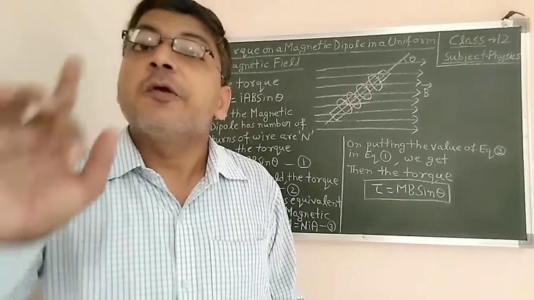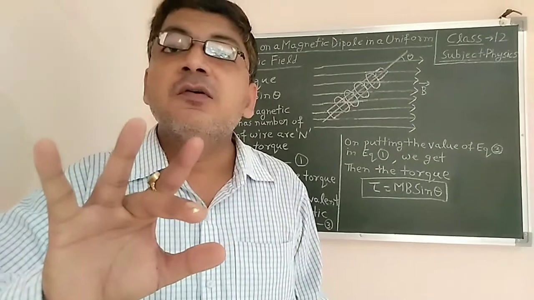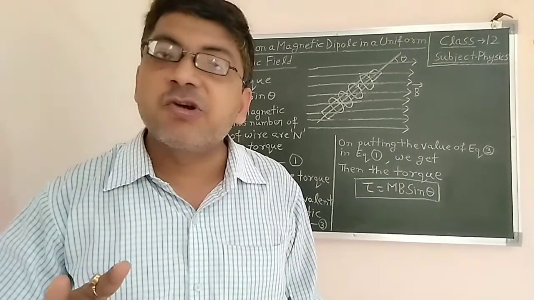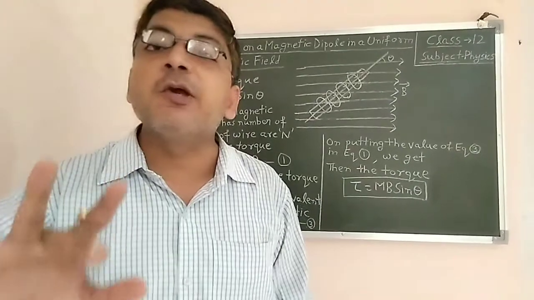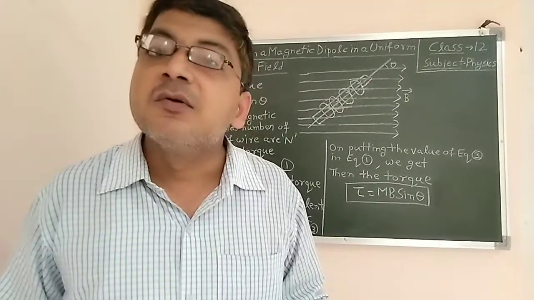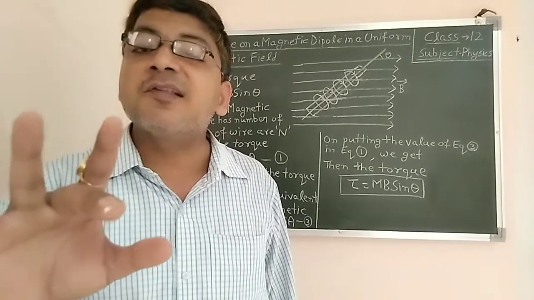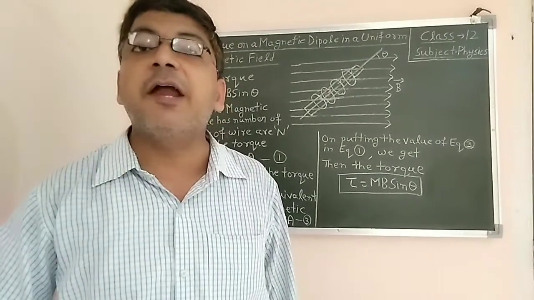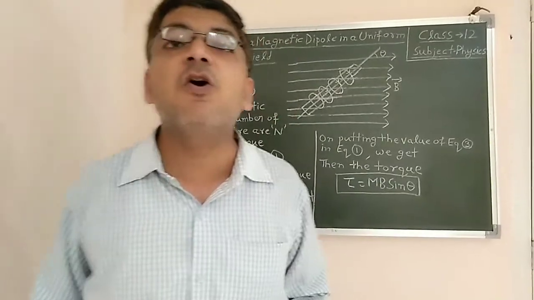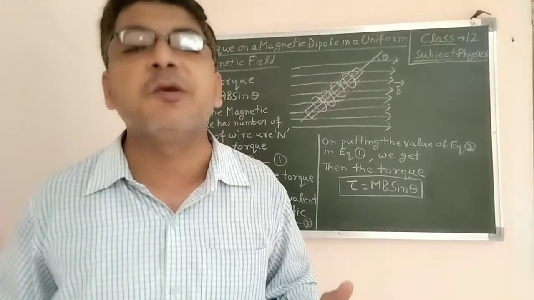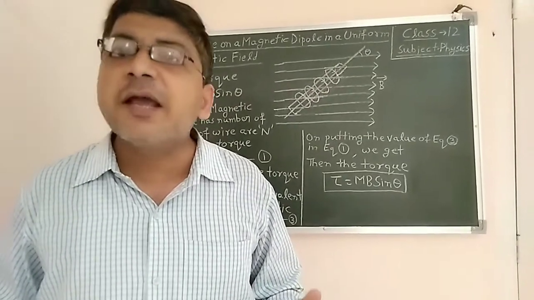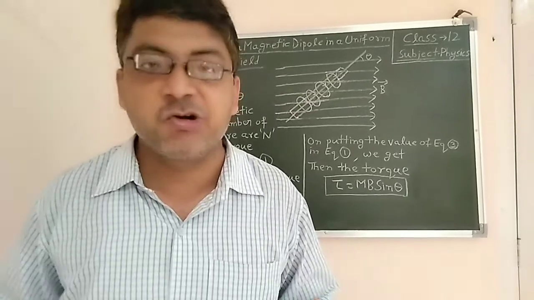Listen, if two poles of the magnet are equal in strength but are set in opposite direction at a minimum distance, they are called a magnetic dipole. For example, a bar magnet.